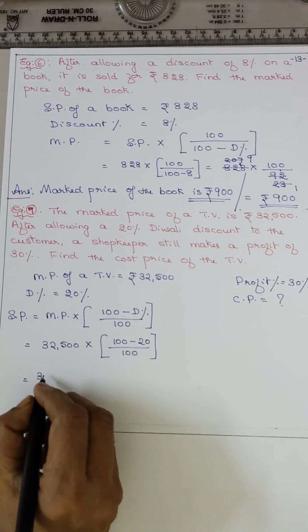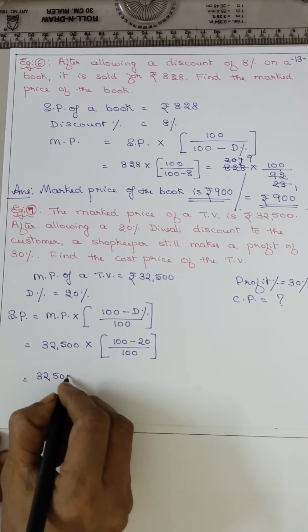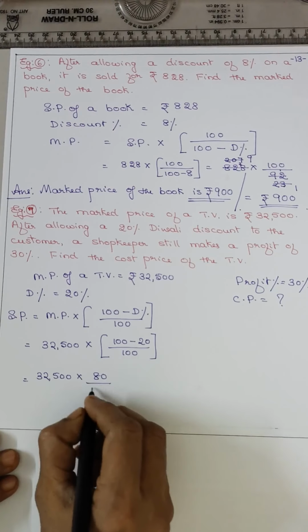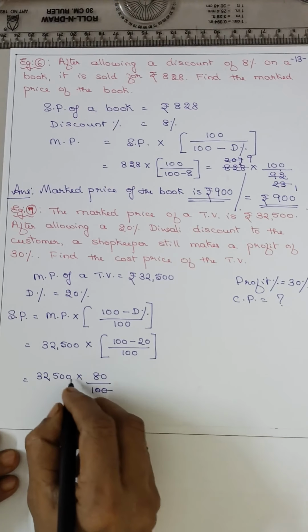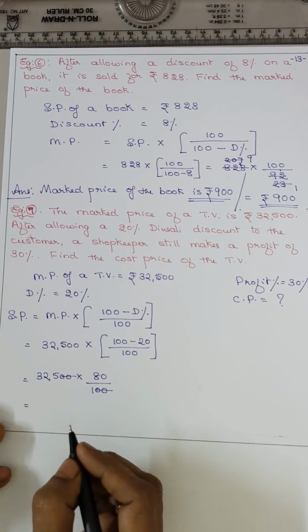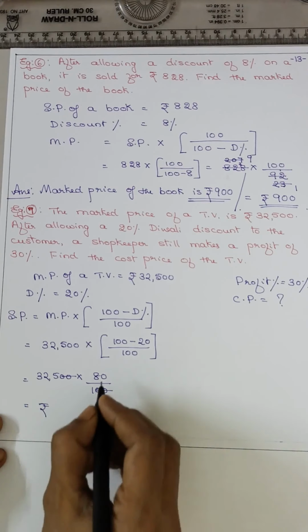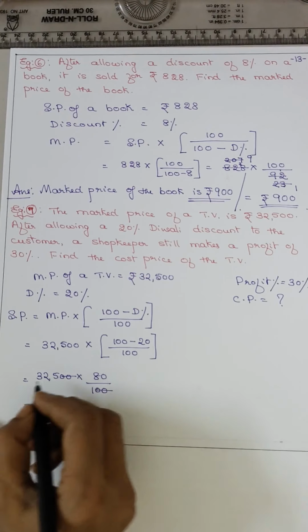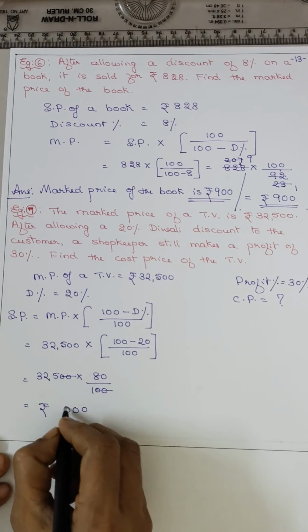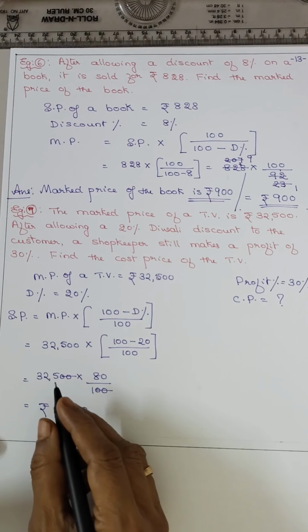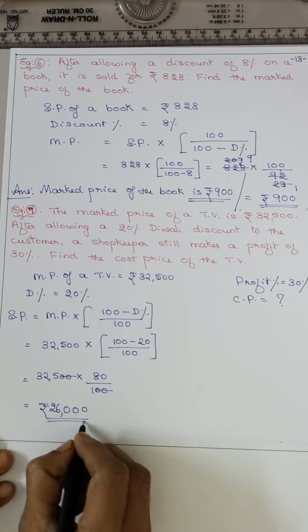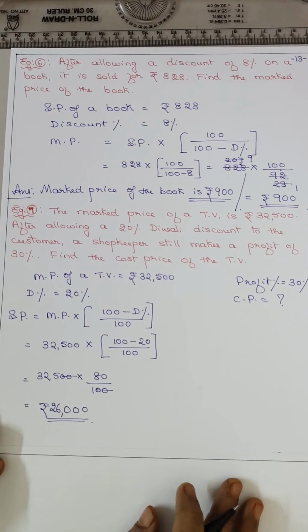It is 32,500 into 100 minus 20 is 80 upon 100. 20 20 cut. Now 0, 8 5s are 40, 8 2s are 16 plus 4, 20, 8 3s are 24, 25, 26. So you got 26,000 is the SP.